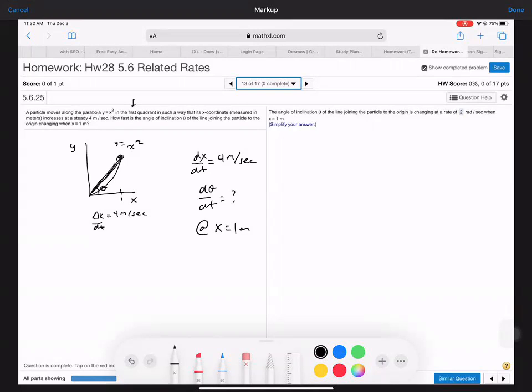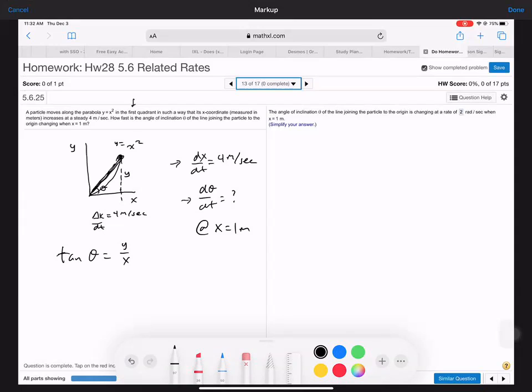So we need to think of an equation that would have a theta and an x component to it. Well, they didn't tell me anything about the hypotenuse, so I'm maybe going to use tangent. If I say tangent of theta is equal to rise over run, and I draw a triangle here, that'll be our y over x, right?